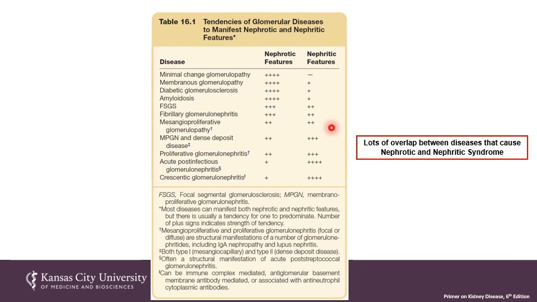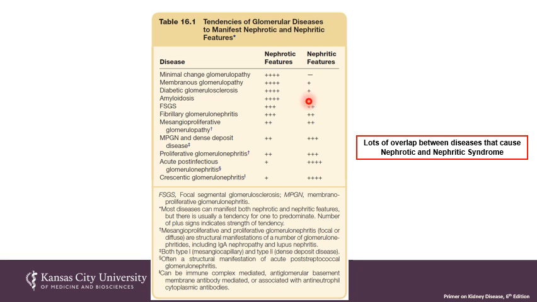This figure is to show you that there is overlap. So not every disease that causes glomerulonephritis is always going to be nephritic or nephrotic like I told you. For instance, diabetes is one of the most common causes of nephrotic syndrome in the U.S., but it can also have some nephritic features. So sometimes you'll see hematuria in patients with diabetic nephropathy, but that doesn't mean they have another process.